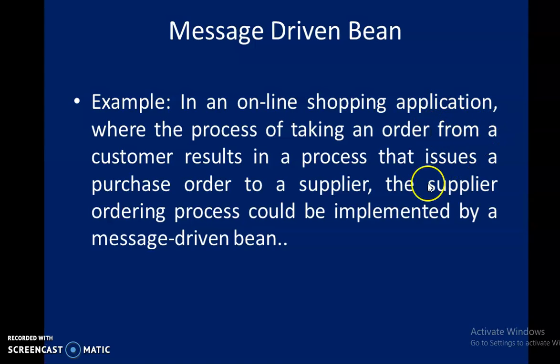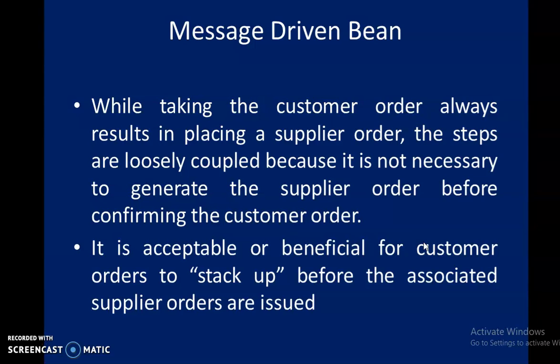For example, in an online application, so many orders are coming, and that processing is handled by this message driven bean. Taking the customer order always results in placing the supplier order. The steps are loosely coupled.